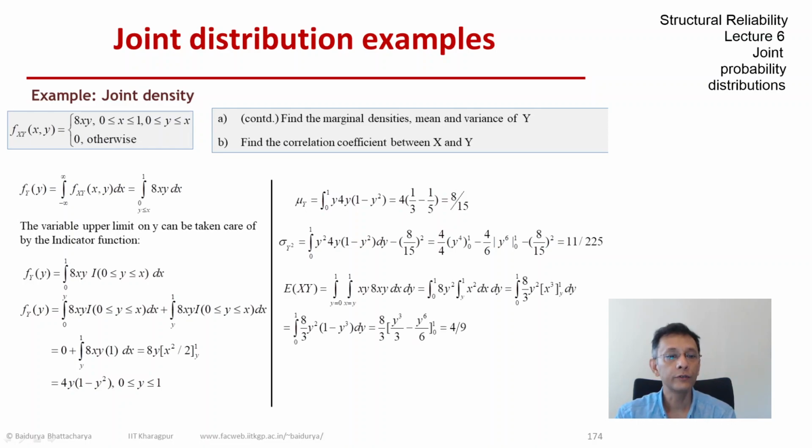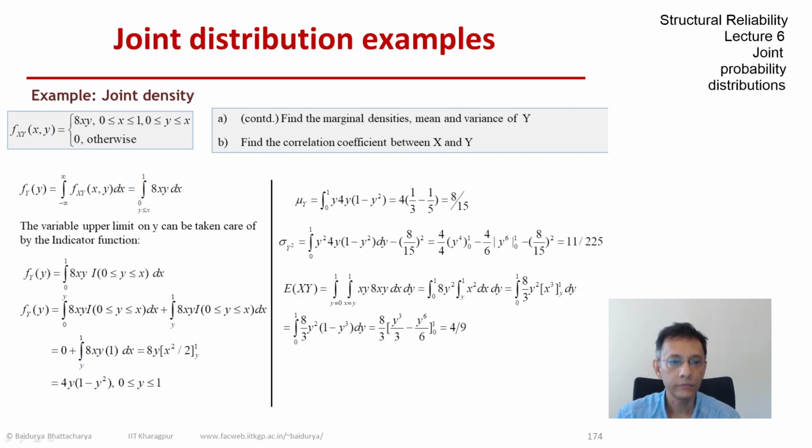Now we need to find in part B the correlation coefficient between x and y. So for that we first need to find the expectation of the product xy. So E[XY] comes to, by carefully putting the limits on x and y, 4 by 9.